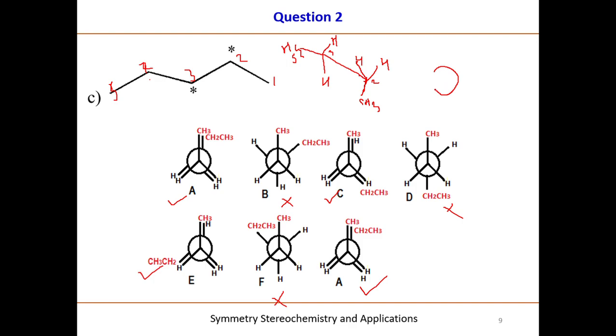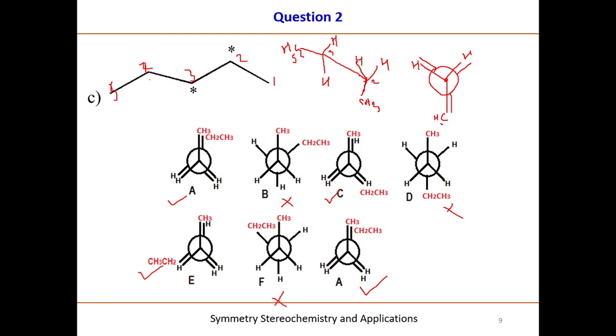This one is the backside carbon, and this is the front carbon. As we want to draw eclipse, we will write this way. Here this carbon is C2. C2 has hydrogen on both sides, and on the below side it has CH3.